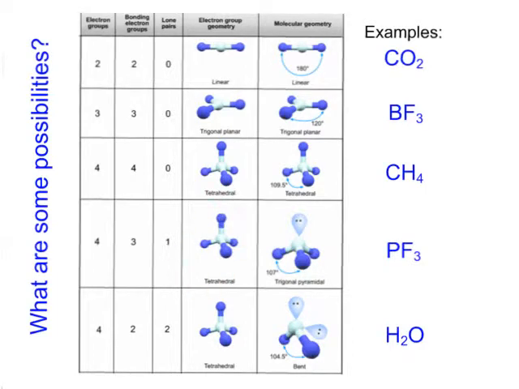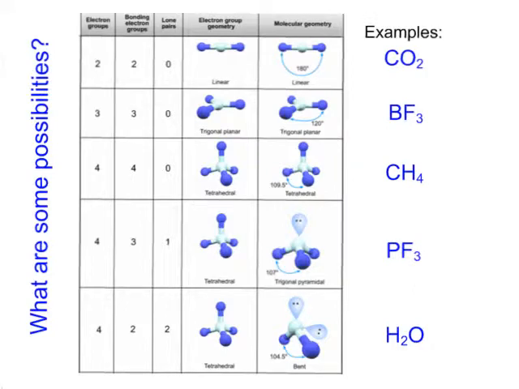Here is a shape that is tetrahedral in its electron group geometry, but it's trigonal pyramidal in its molecular geometry. So when we talk about the molecule itself, the molecule is trigonal pyramidal, but when we're talking about all of the different electron pairs, it's tetrahedral. We just looked at the ammonia molecule, and that was in this category.